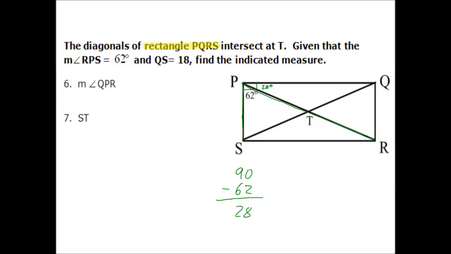And since we know that all 4 angles of the rectangle have to be right angles, and the 2 angles they're cut into are alternate interior angles from each other, we know that this one has to be 62 degrees and the alternate interior to that one is 28 degrees, and the same is true for the remaining angles.